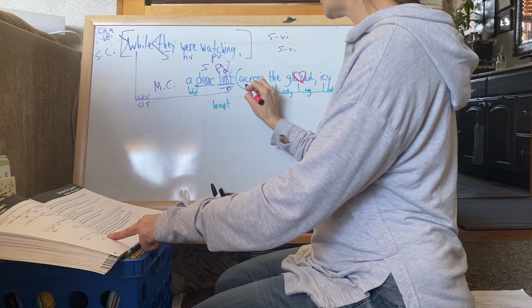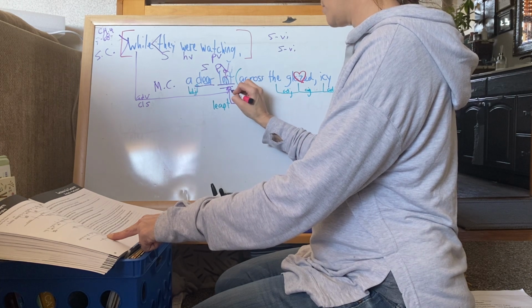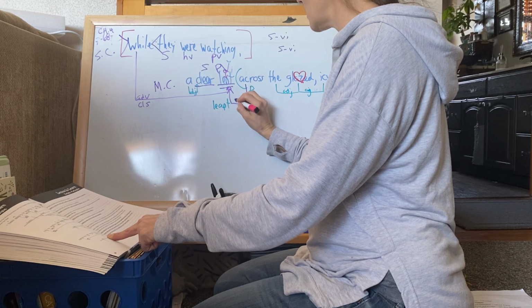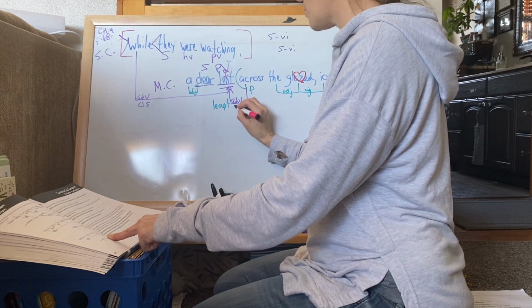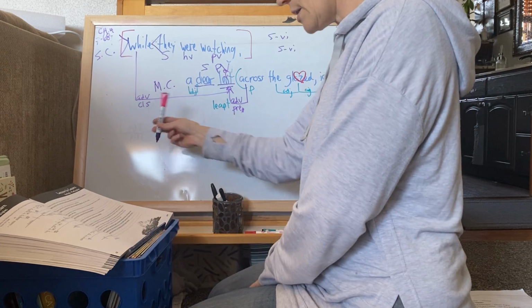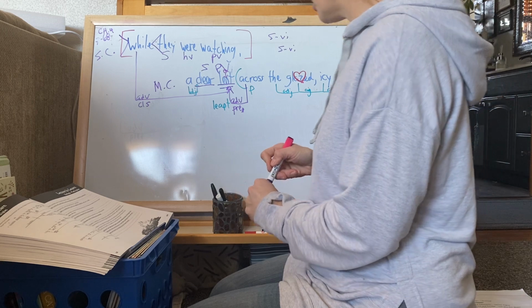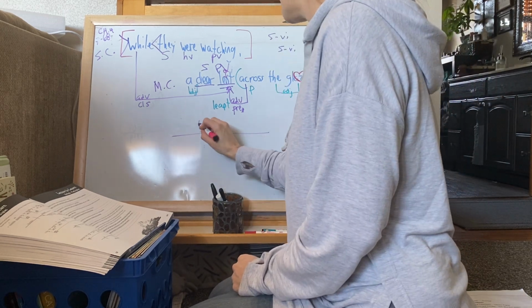Where did they leap? Across the glazed icy road. Adverbial prepositional phrase. Okay, so we had an adverbial clause and an adverbial prepositional phrase. Both of them are SVI structure, so I'm going to get that lined up.